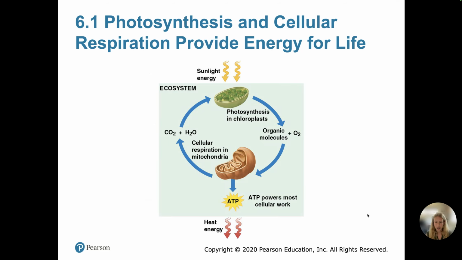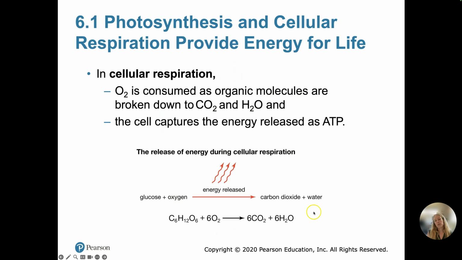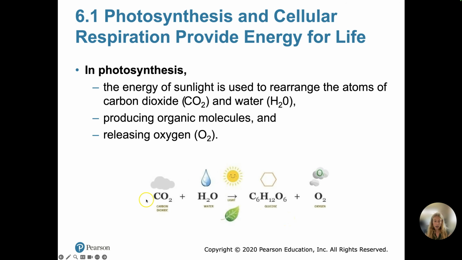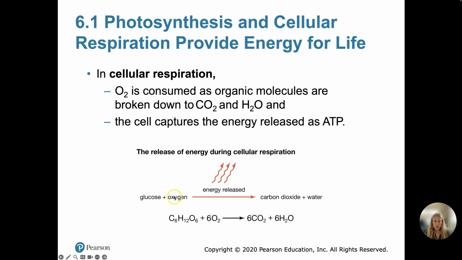Going back to this figure, you may have noticed that the products of carbon dioxide, 6 CO2, 6 H2O, are the reactants in photosynthesis, and vice versa. The products of photosynthesis, glucose and oxygen, are the reactants in cellular respiration.